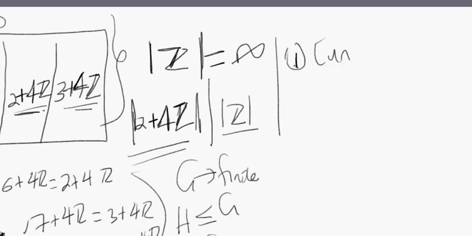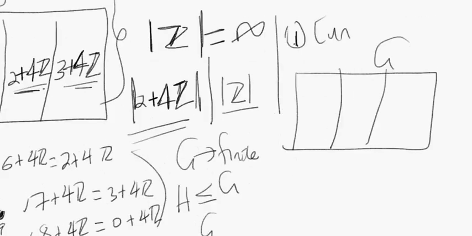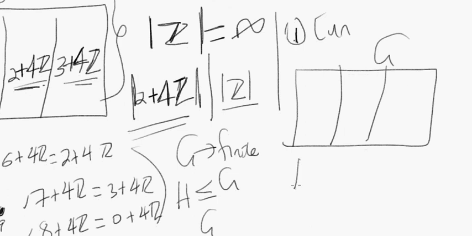Pen's really misbehaving. But can we break up a group G into these cosets? And if we can break it up, how can we prove that?